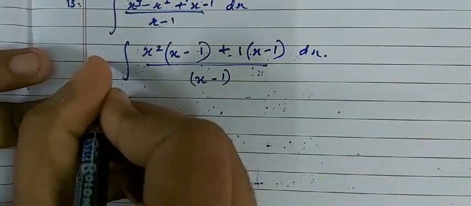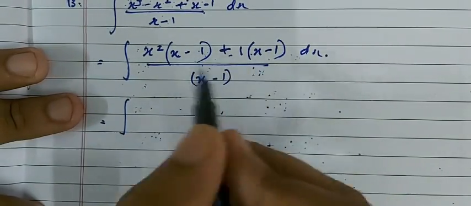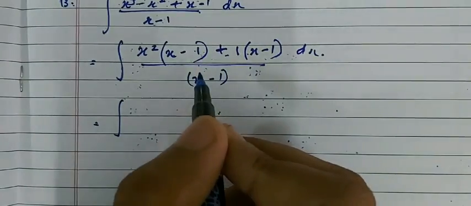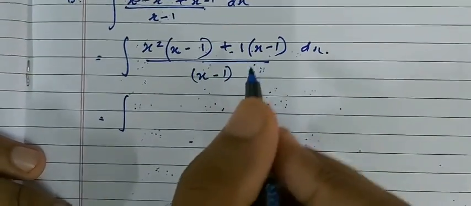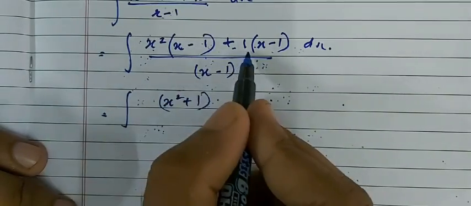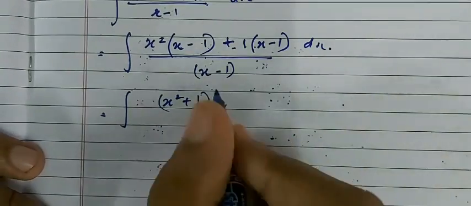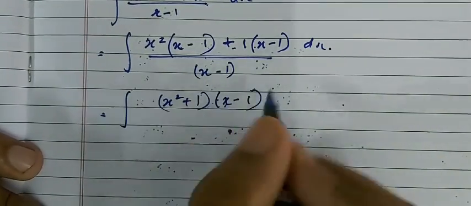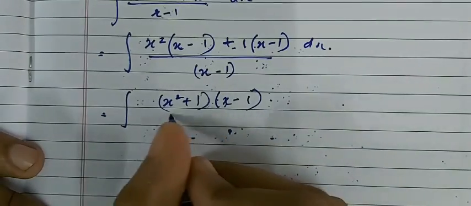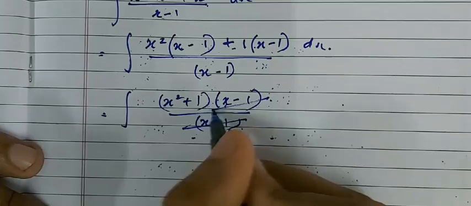Now there is 2 x minus 1, so we need to write it only once because there are 2. Let us factorize this. So x square plus 1, x square plus 1, there are 2 x minus 1s, so we need to take only one x minus 1 and we ignore one of them by x minus 1. This x minus 1, this x minus 1 gets cancelled.